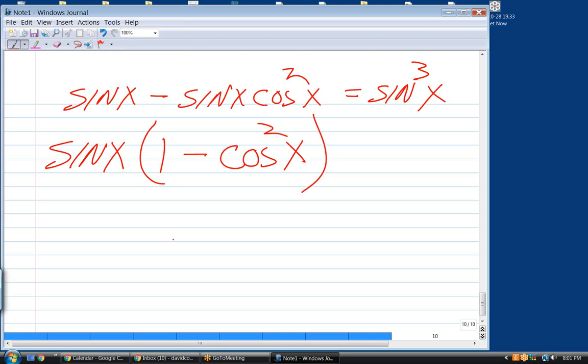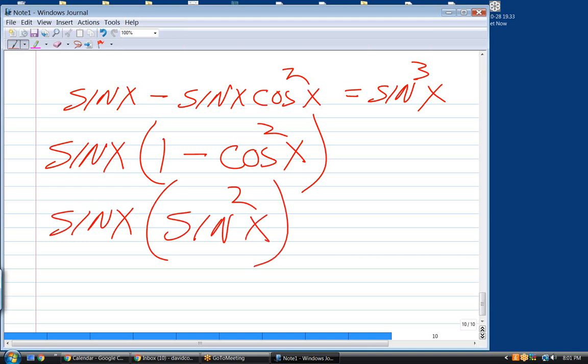Now what can I substitute for 1 minus cosine squared? Sine squared x, the Pythagorean identity. Multiply those two together, you get sine cubed of x.